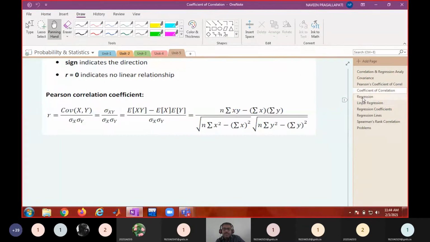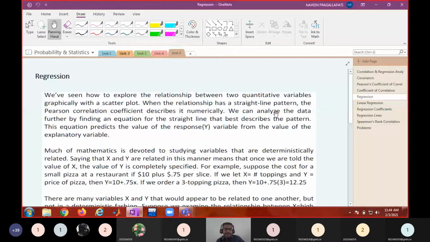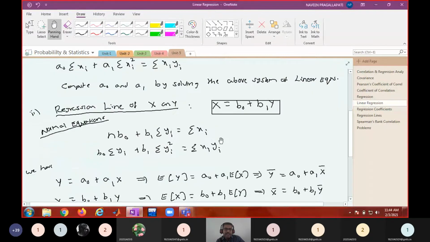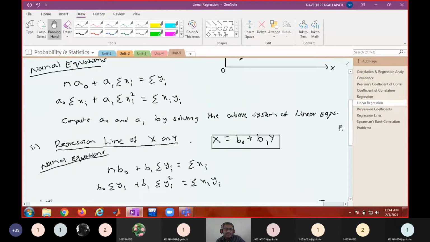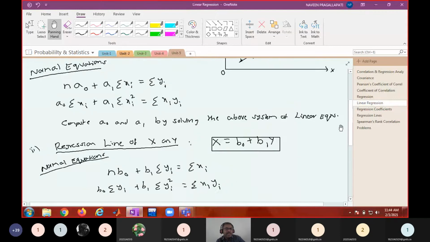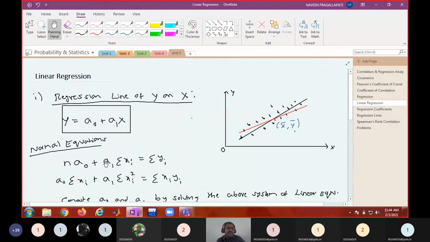Then regression. We derived regression lines. You can have the regression line of y on x, and the regression line of x on y. For that, if you write normal equations, then you can find the unknown coefficients by solving the system of linear equations.